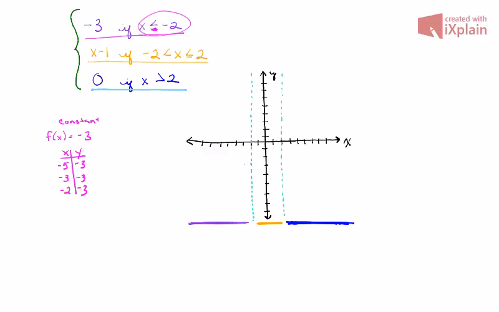So -5, -3. -3, -3. And then before I put it down, will I have an open or a closed dot? This is going to be very Blue's Clues, Sesame Street, whatnot. Correct. You should have a closed dot because the domain has a less than or equal to sign.